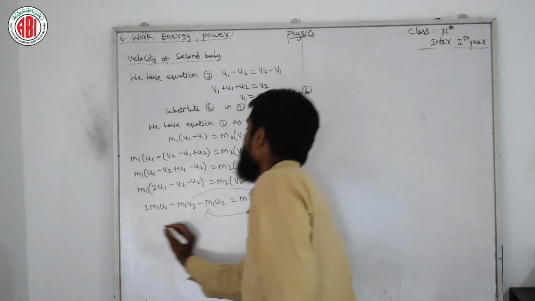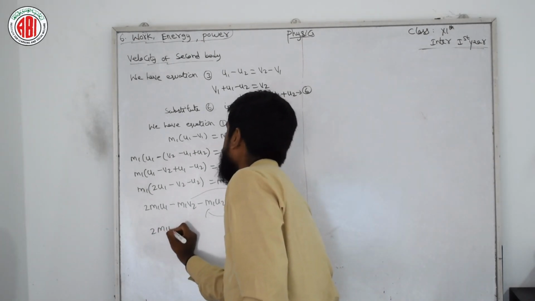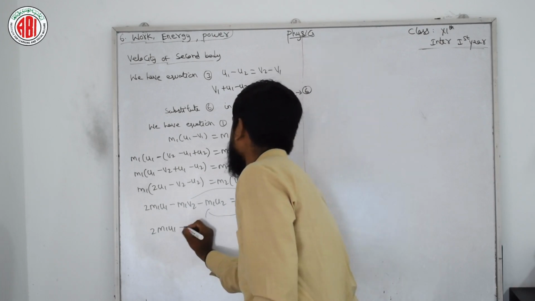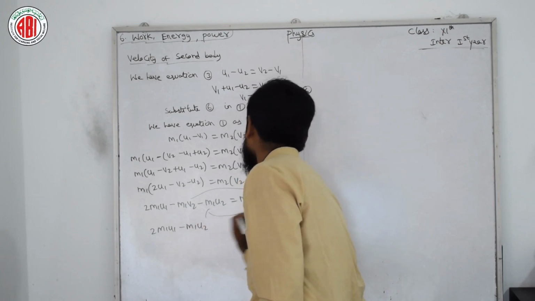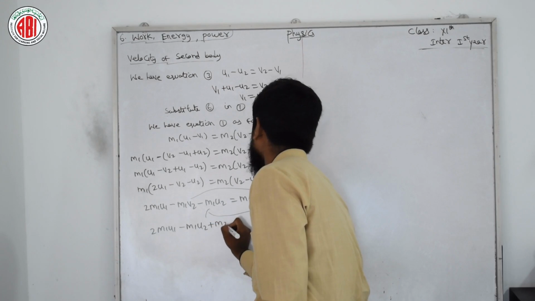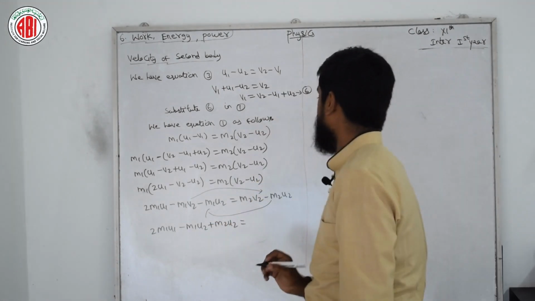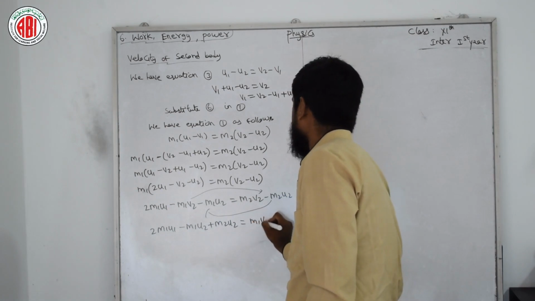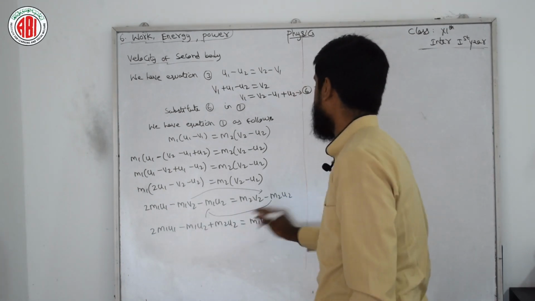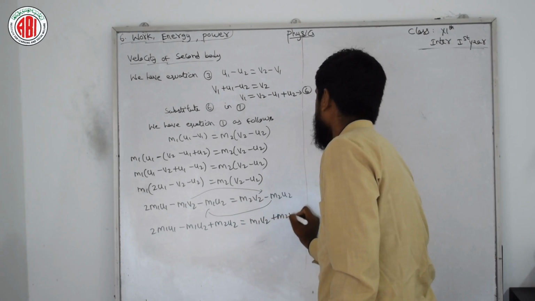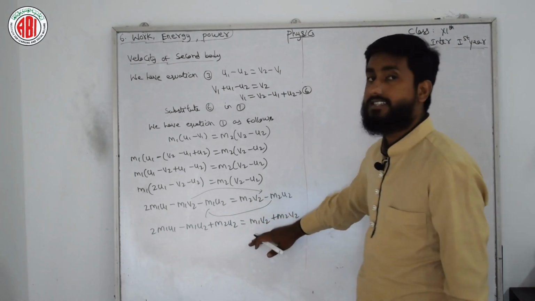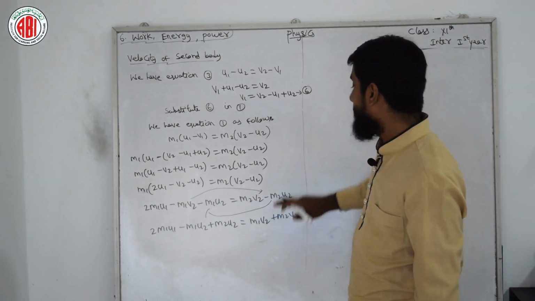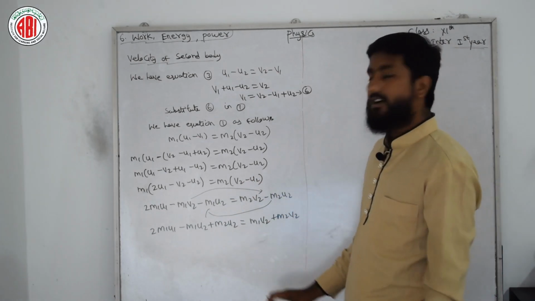So a twist is coming. Carefully look: m1 u1 as it is, minus m1 u2 also as it is, it will become plus m2 u2, isn't it, is equals to m1 v2, because this term is coming this side, plus m2 v2. I am keeping in sequence, that's why I am writing m1 v2 first, after that plus m2 v2. So this step is also very easy.